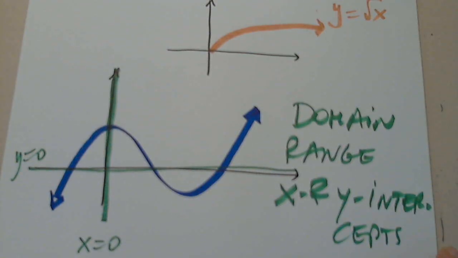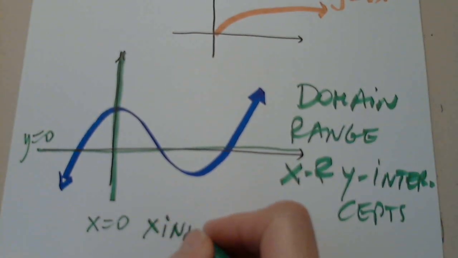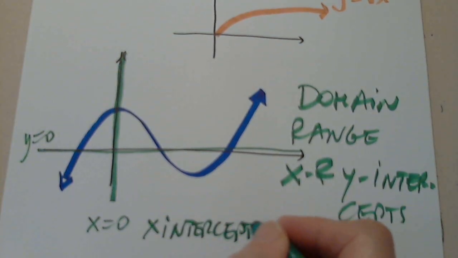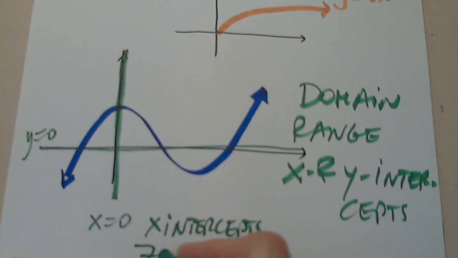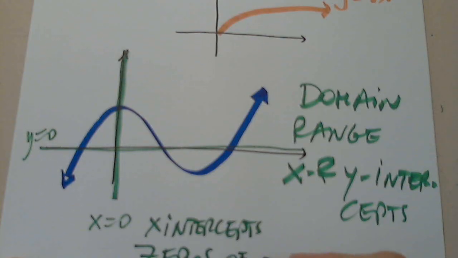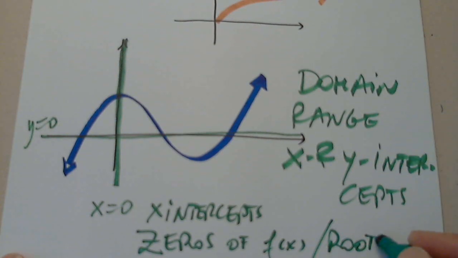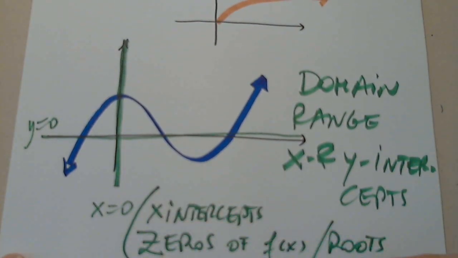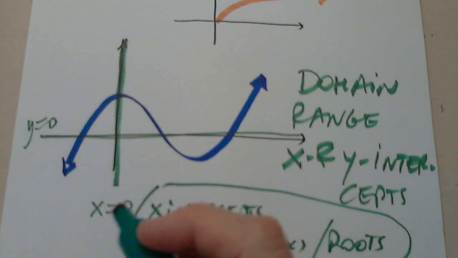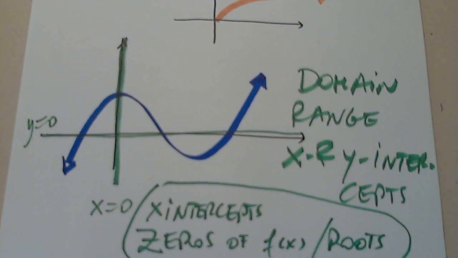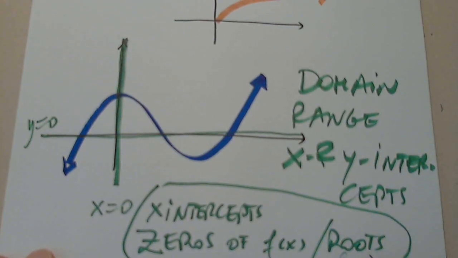And by the way, the x-intercepts are also called zeros of f of x, or roots of f of x. So if somebody asks you, find the x-intercepts or find the zeros of f of x, in other words, where f of x is 0, or find the roots of such and such equation, meaning f of x equals 0, that's what we are asked to do.